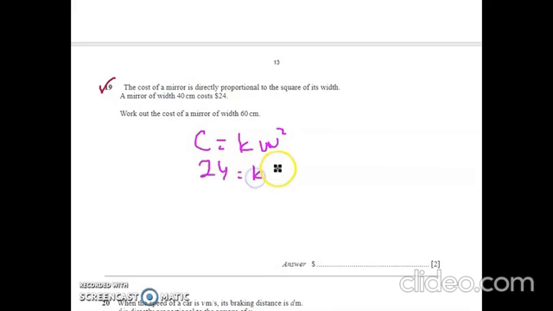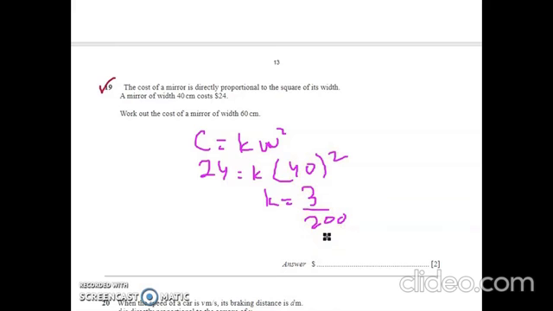So width is 40, so 40 square, 1600. So that makes the K as 3 upon 200, because 24 divided by 1600 gives us 3 upon 200.